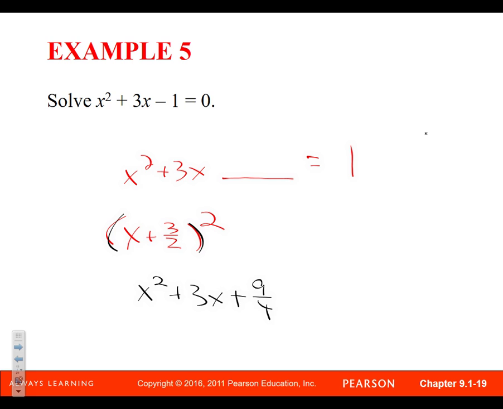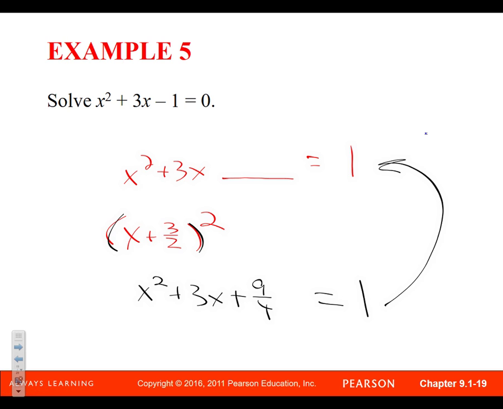So I would get that equals 1. Now, compare what I wrote in black to what is up there originally. What is different? 9/4. So I've broken the math. I need to fix it. I need to complete the square.